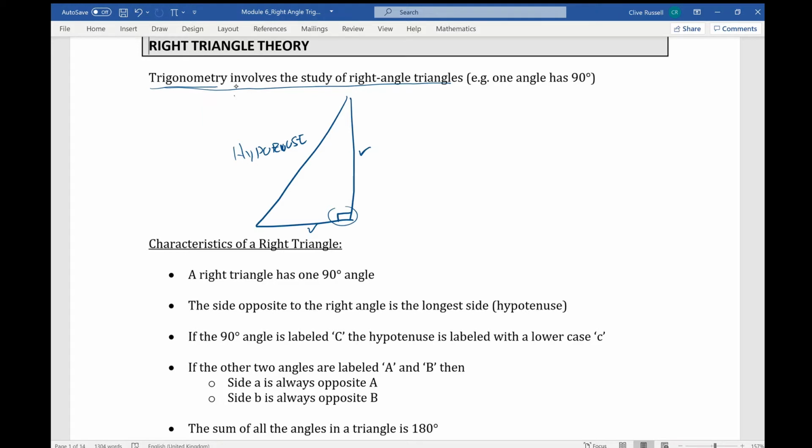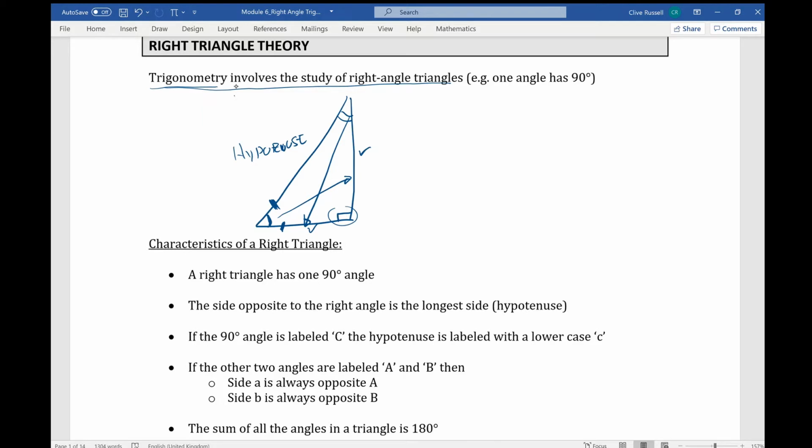So now the side opposite this angle, say this angle here, well, this angle is made up of these two sides. So the side opposite this angle would be that length over there. And likewise for this angle, the side opposite would be that one over there.